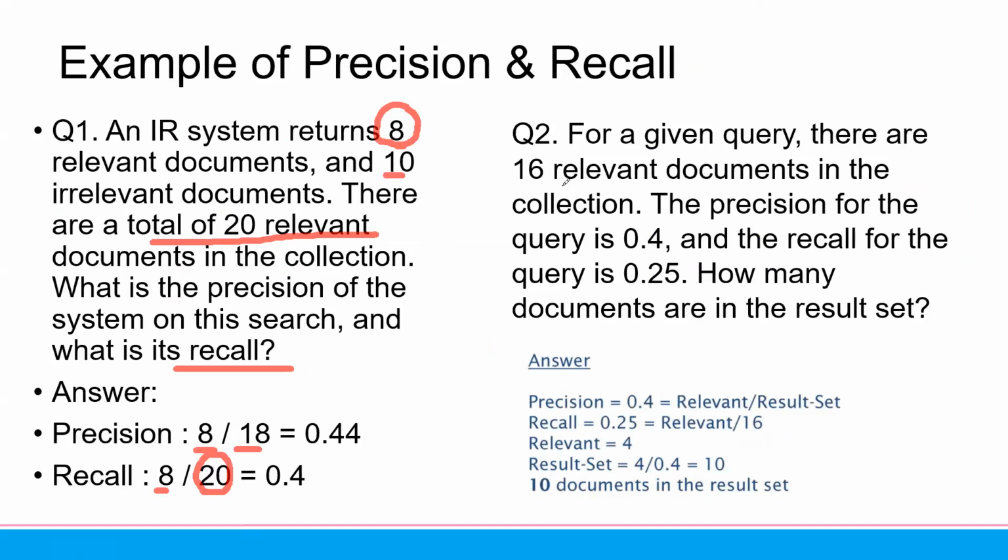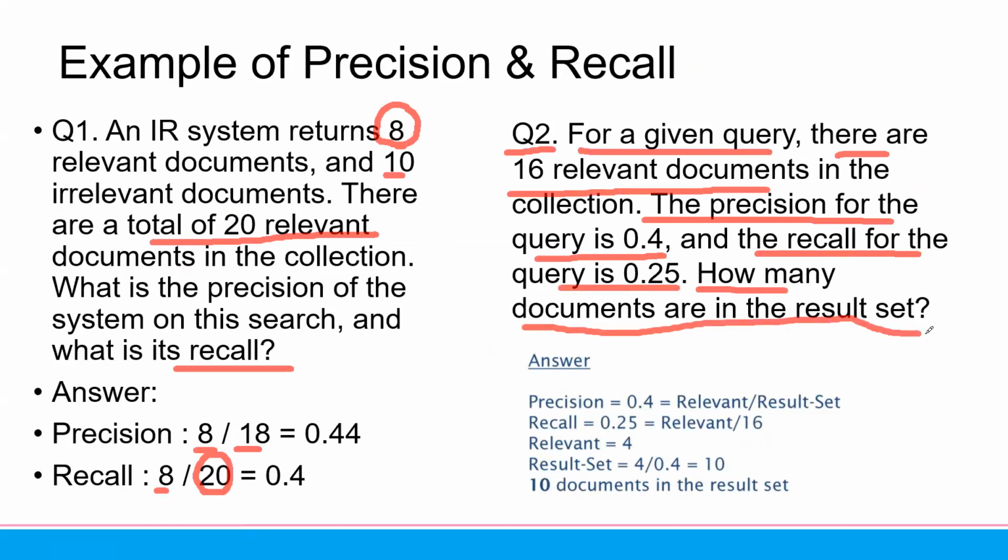Okay. Now we have another example, question 2. For a given query, there are 16 relevant documents. The precision for the query is 0.4, and the recall for the query is 0.25. How many documents are in the result set?